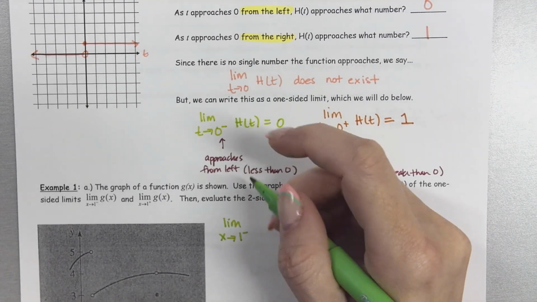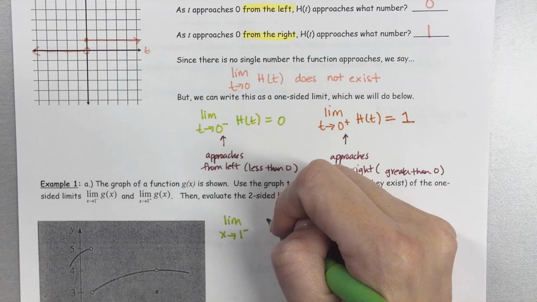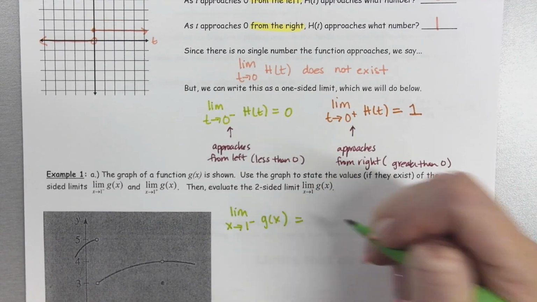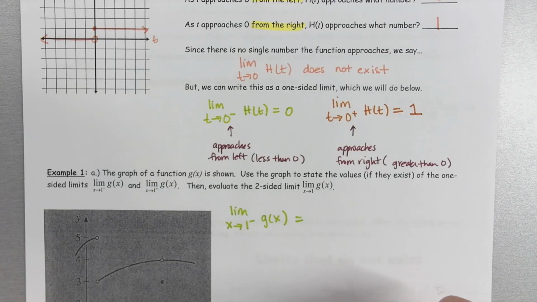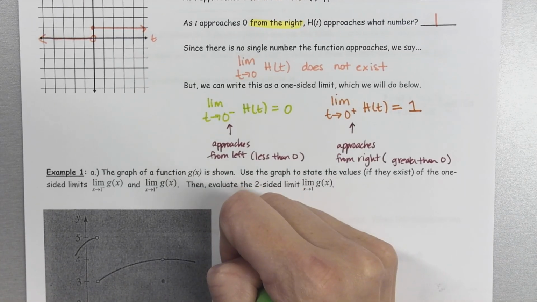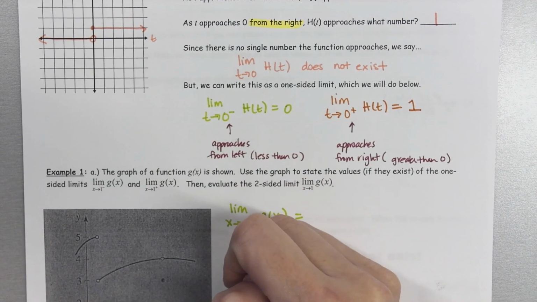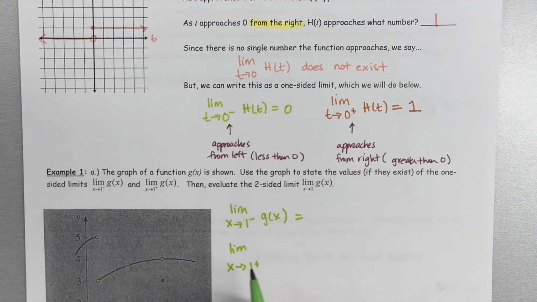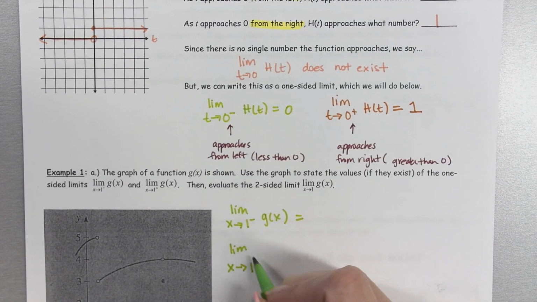Okay, and then your g of x, and we're going to find what that's equal to. Okay, and then we're also going to find the limit as x approaches 1 from the right. So this is 1 from the left, 1 from the right.